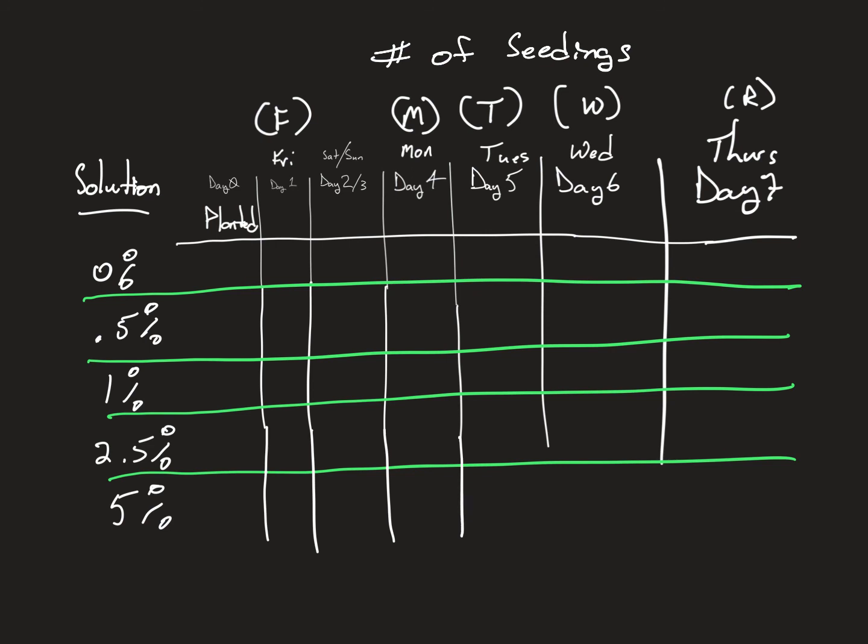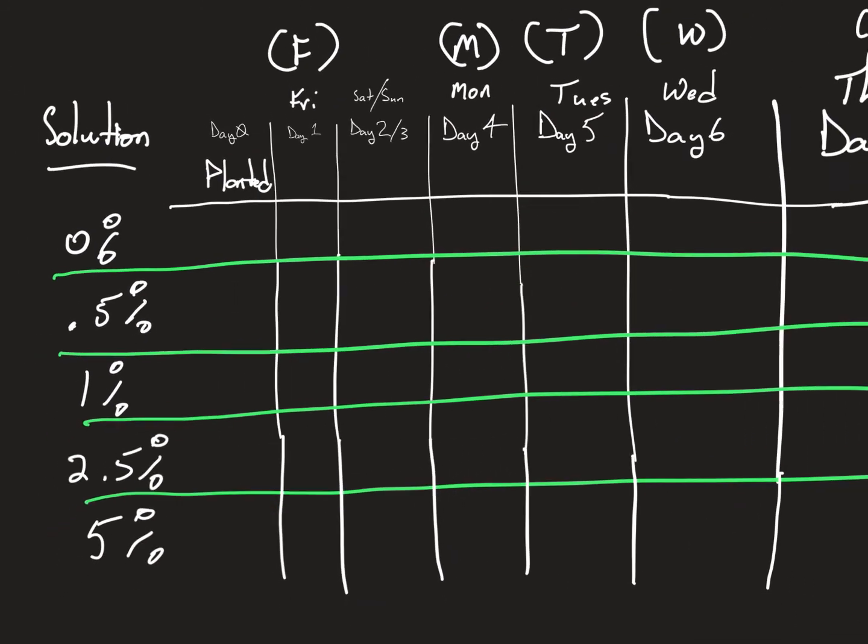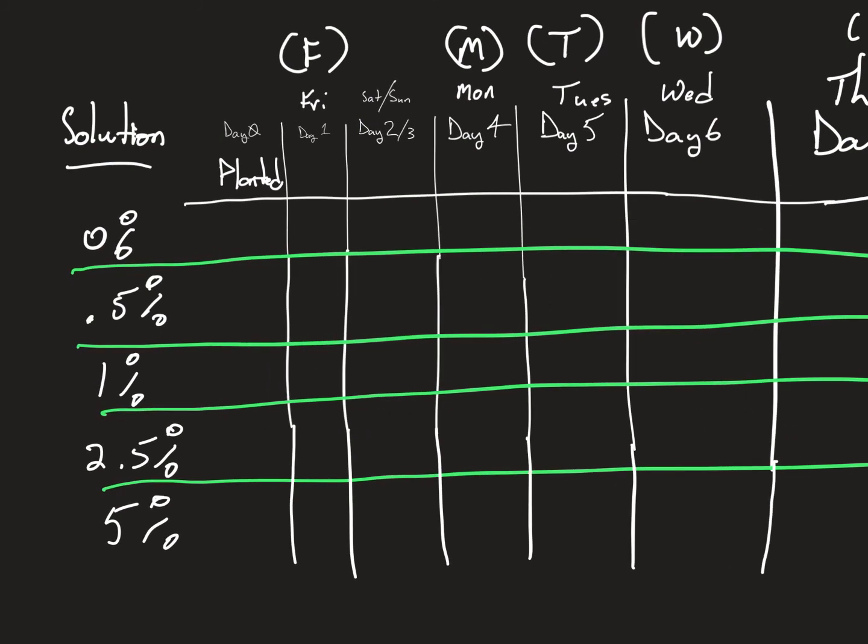That's it. How many seedlings? That's what you're doing. The number of seedlings. So for the 0%, for all of these, on the day it's planted, on day 0, you have 0 seedlings, obviously.